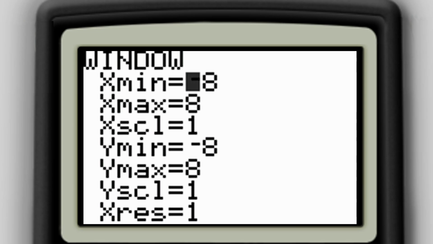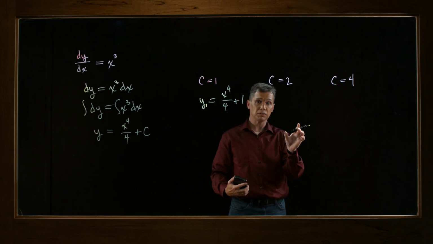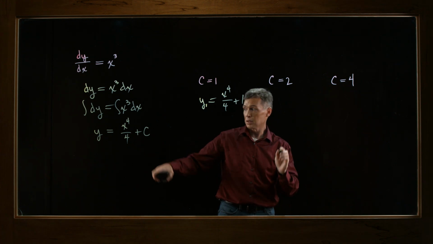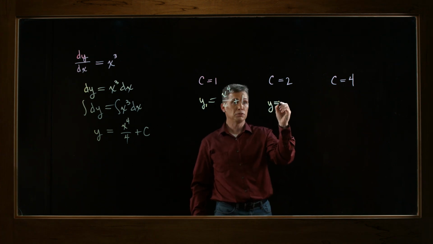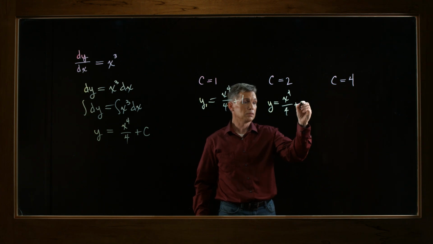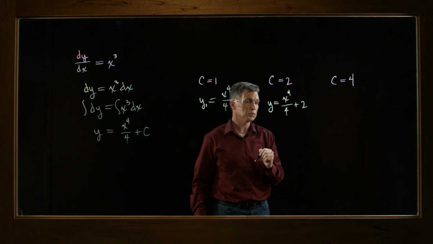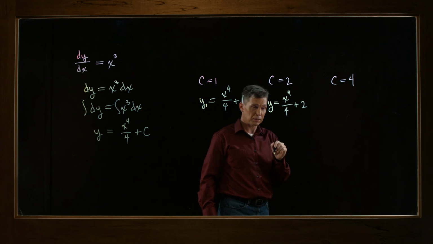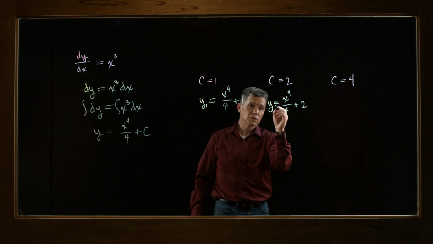Okay. Now we're going to go on to the second value of c that they give us, c equals 2. I'm going to go back to my general solution and put that value of 2 in for c, which just gives me y equals x to the fourth over 4 plus 2. They're asking us to also graph that on the graphing utility. So I'm going to instruct you maybe to put this as y sub 2.